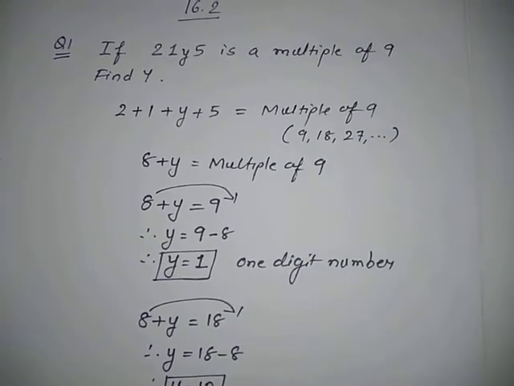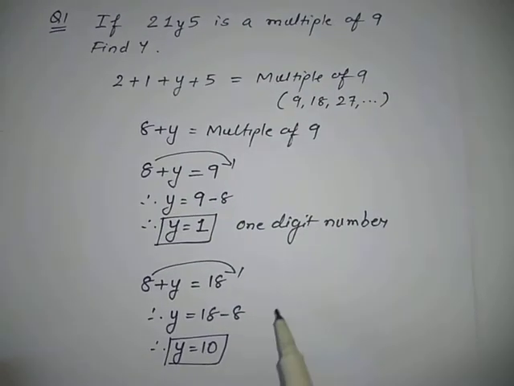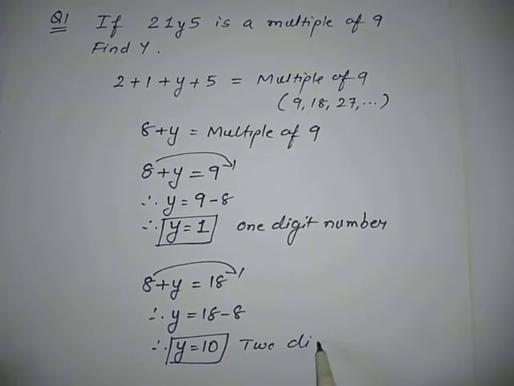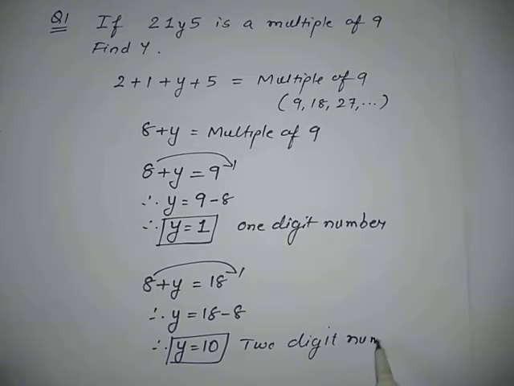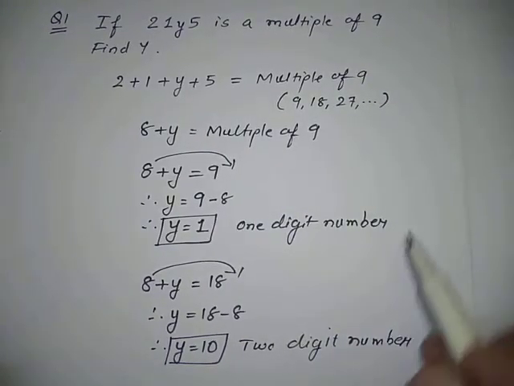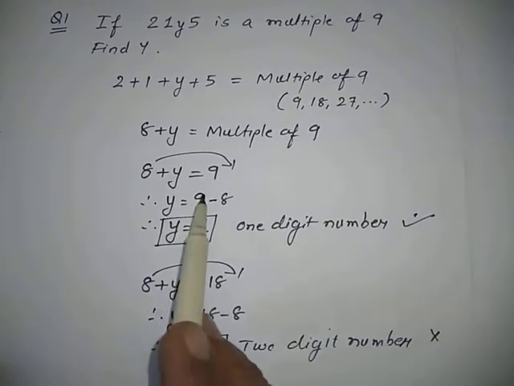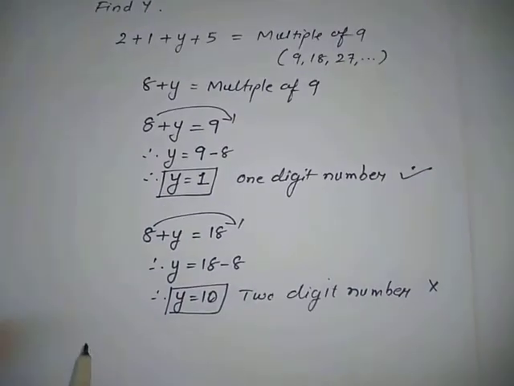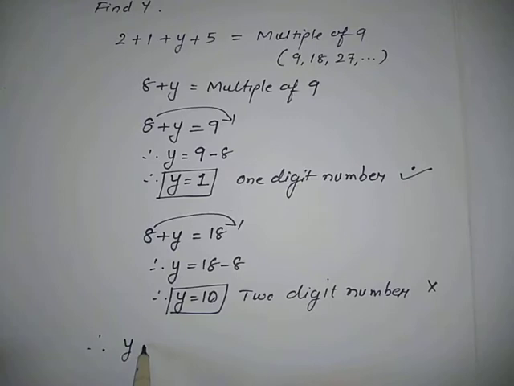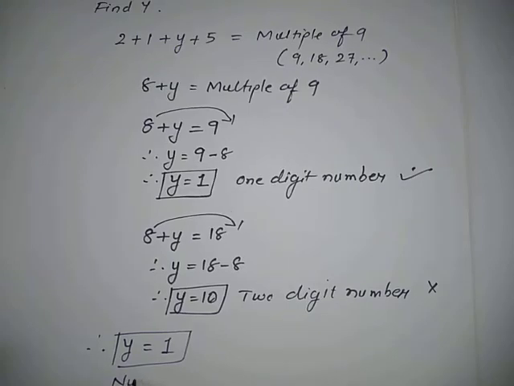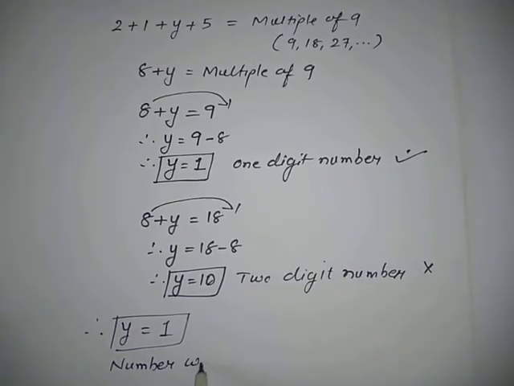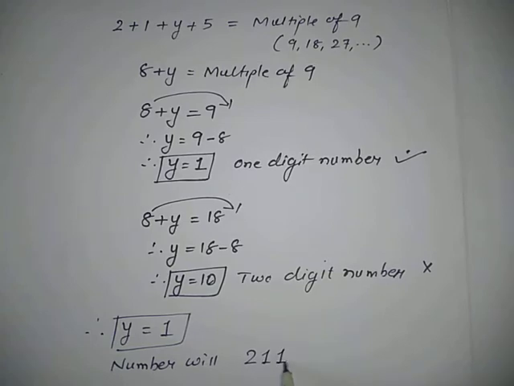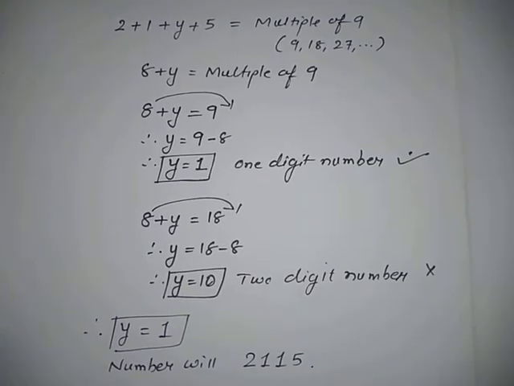Clear? 10 is a two digit number, and we don't want a two digit number, because y is a single digit number. Therefore y is equal to 1 as the answer, and the number will be 2115. In place of y we will write 1. Hope this much is clear.